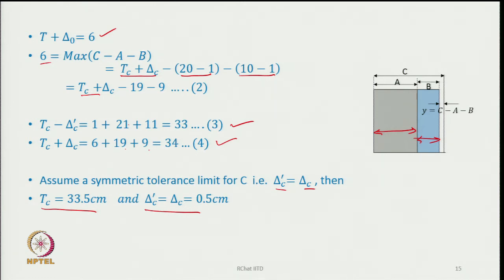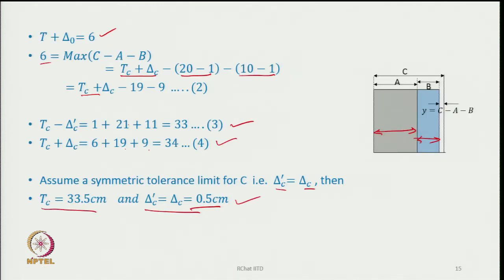If I want to know T C, since they are the same, we simply add these two, 33 plus 34 divided by 2, that will give you T C as 33.5 centimeter, and delta C, similarly we can work it out, it will give you 0.5 centimeter.